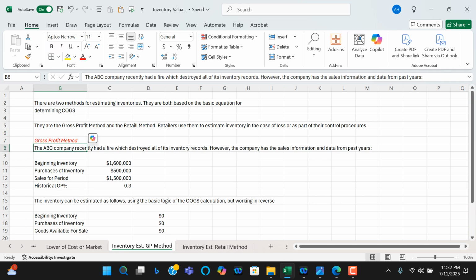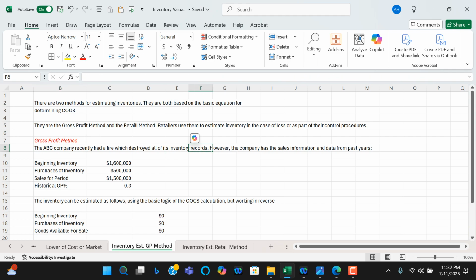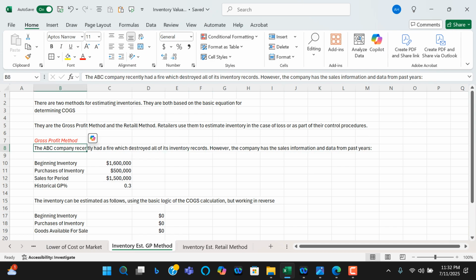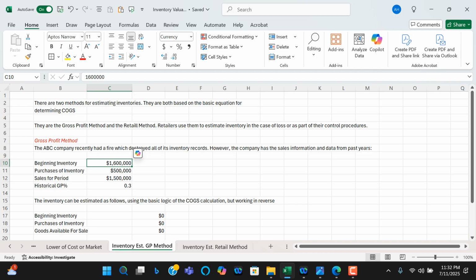This is typically what a textbook will tell you: the ABC company recently had a fire which destroyed all of their inventory records. However, the company has sales information and data from past years and inventory data from past years. So they know that the beginning inventory for this year was 1,600,000. They know that purchases of inventory were 500,000.